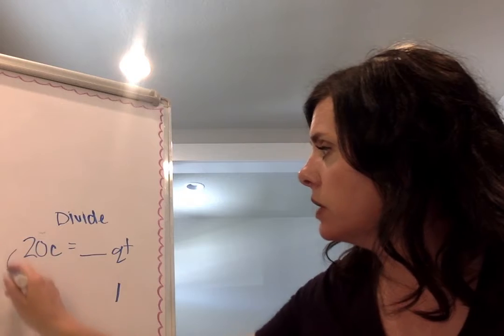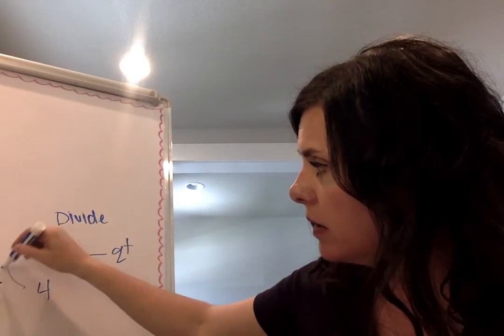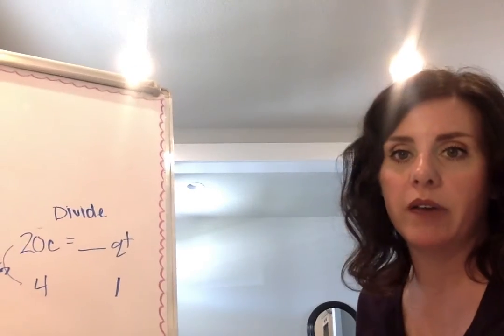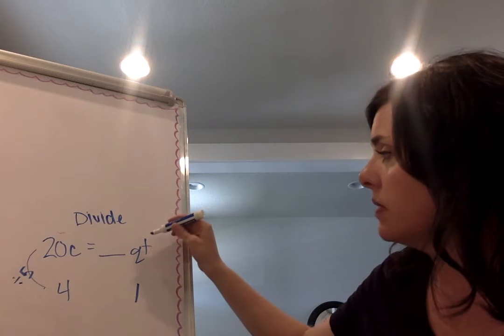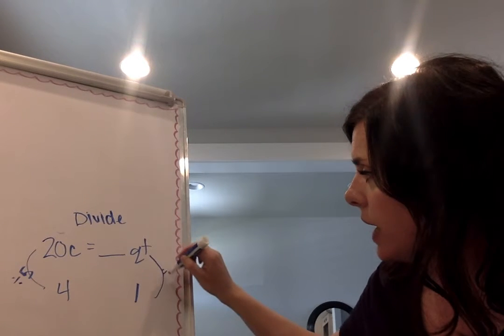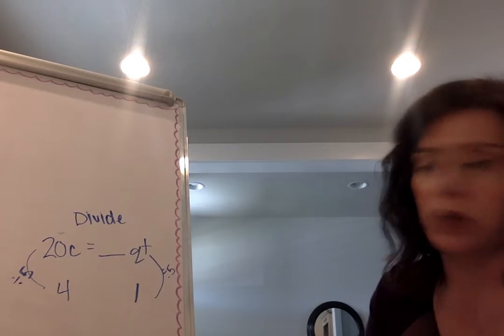How do I get from 20 to 4? I would divide by 5, right? Can you see that little divide by 5? There we go. I would divide by 5. So I would need to do the same thing over here. Well, since I don't know what this top number is, I would have to go backwards, right?